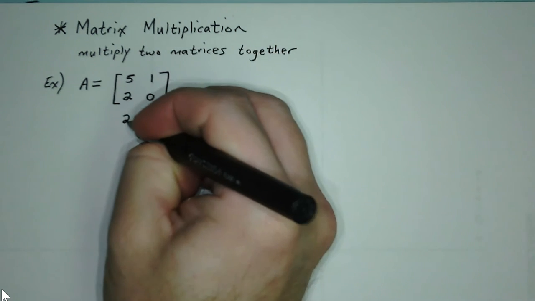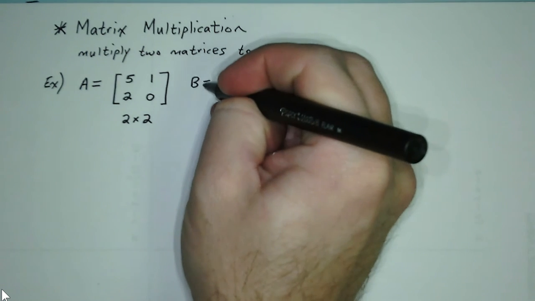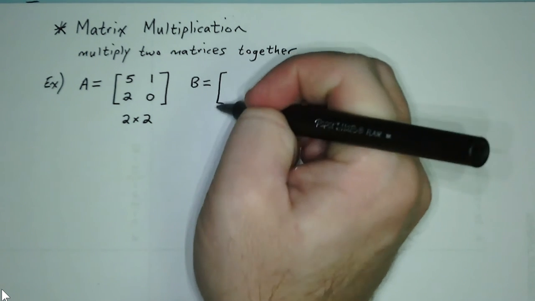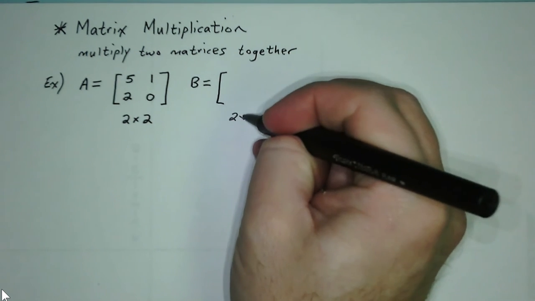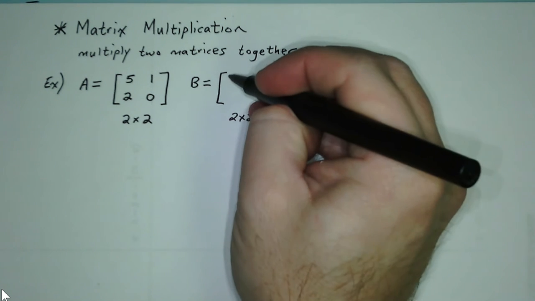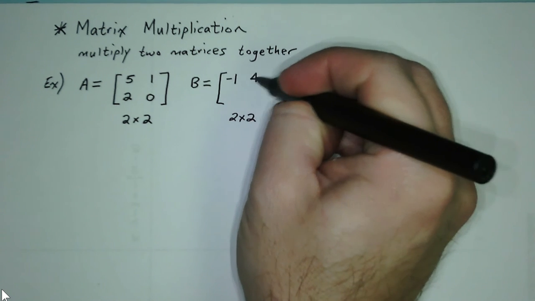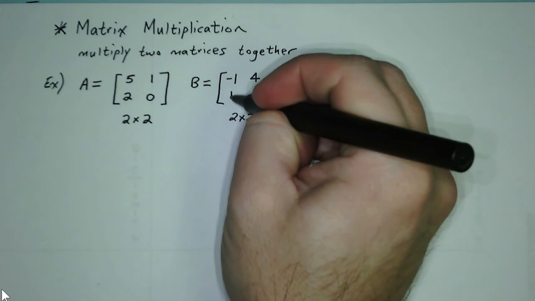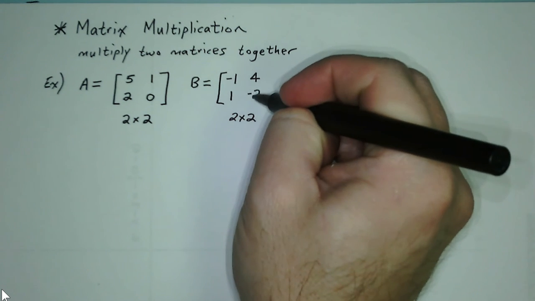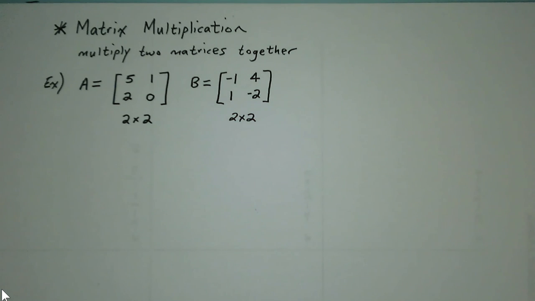So this is a 2 by 2 matrix. And let's have B also be a 2 by 2 matrix. So let's say this is -1, and this is 4, and this is 1, and this is -2. Okay? So we have a couple of 2 by 2 matrices.